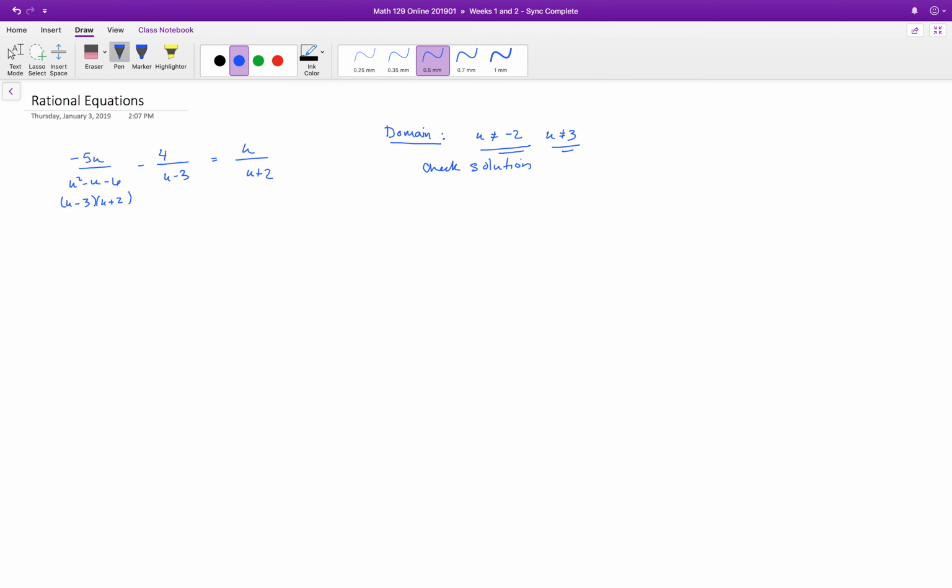All right, whenever you're solving an equation that involves fractions, so we have numerators and denominators here, the one simple thing to do is to multiply both sides of the equation by your least common denominator.